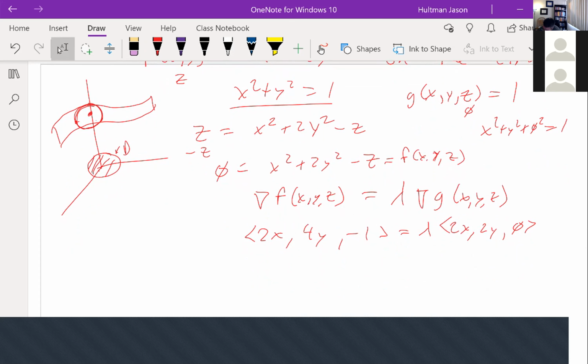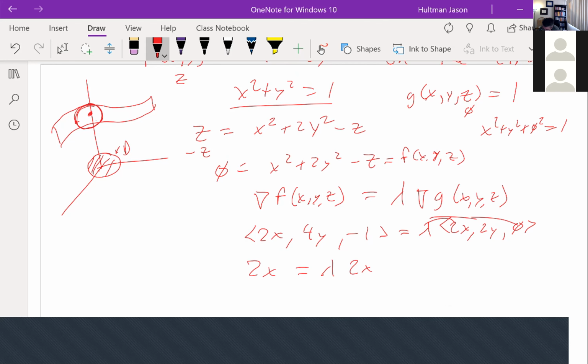I can match these up. I can say this is 2x is equal to lambda 2x.